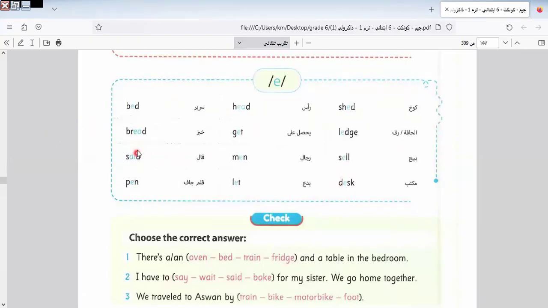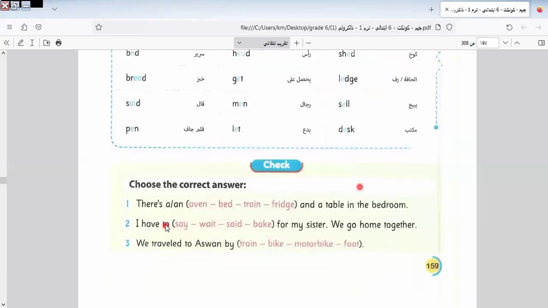Bed, bread, said, pin, head, get, men, let, shed, ledge, sill, desk.